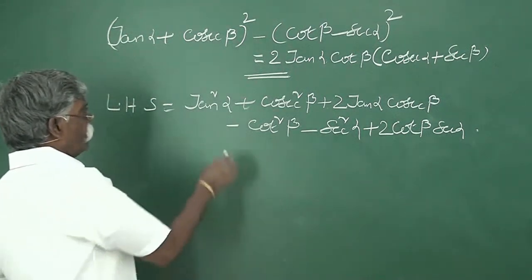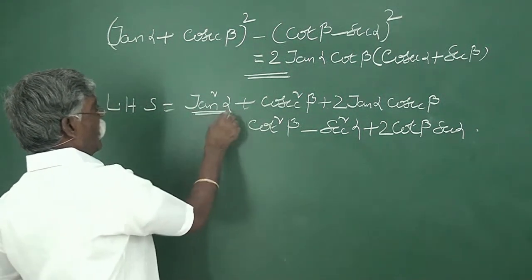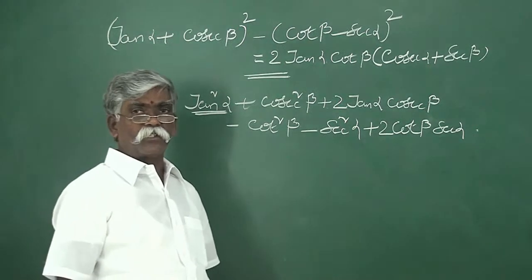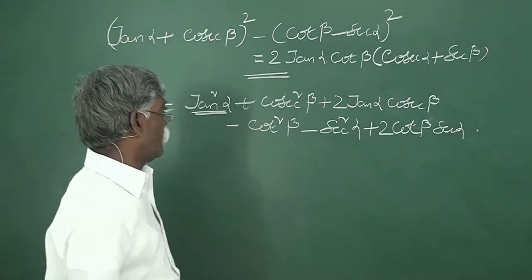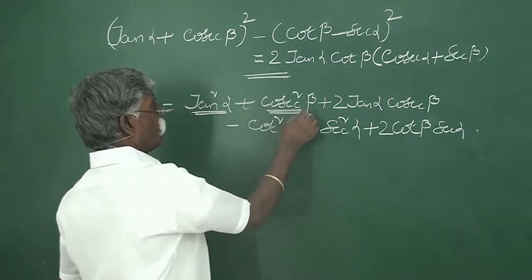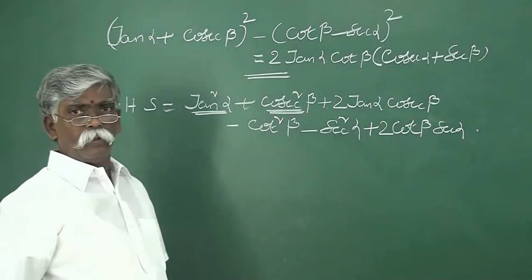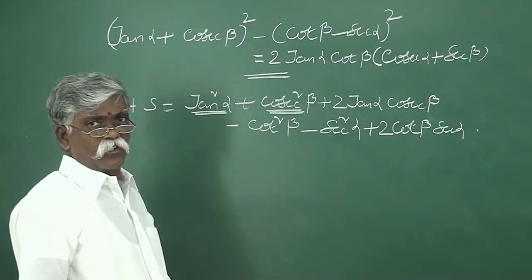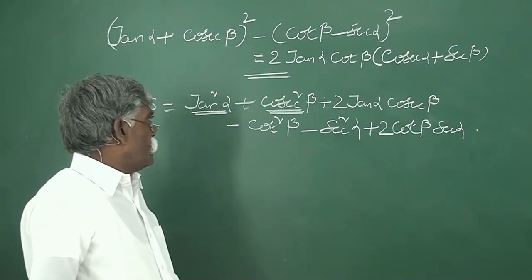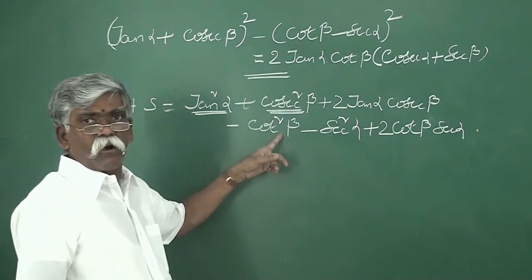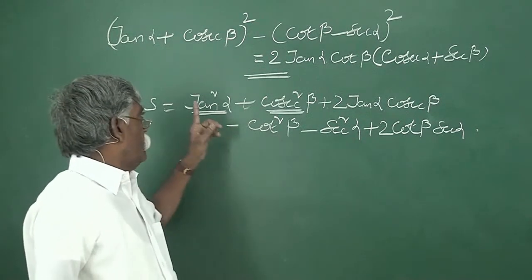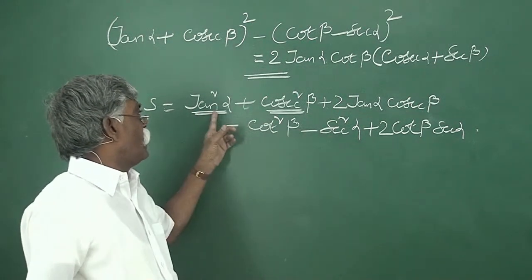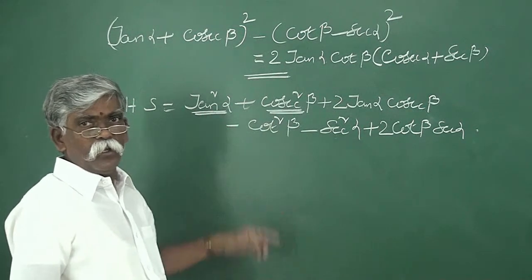And this can be written as secant square alpha minus 1 and this cosecant square beta can be written as 1 plus cot square beta, or this is cosecant square minus cot square beta, it is 1, and we can take minus common here in these two.